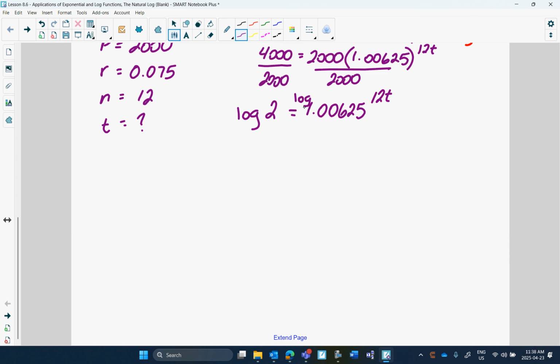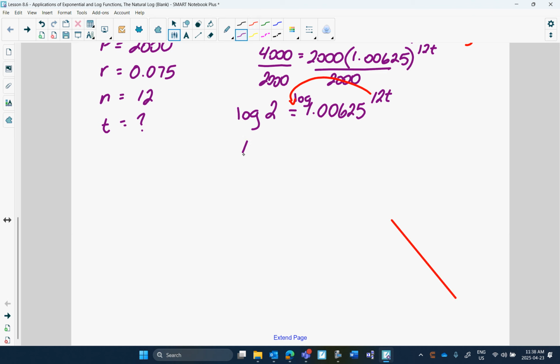Because remember one of your log laws? What can I do with the exponent now? This is the power law. If I take the log of something raised to some exponent, that's the same as the exponent times the log of the argument. So I can bring this in.